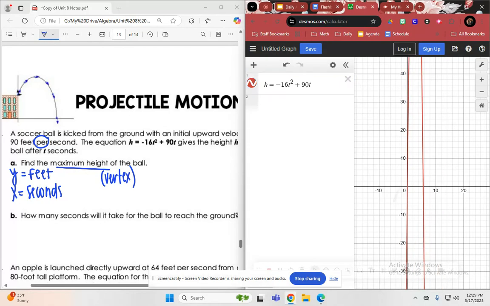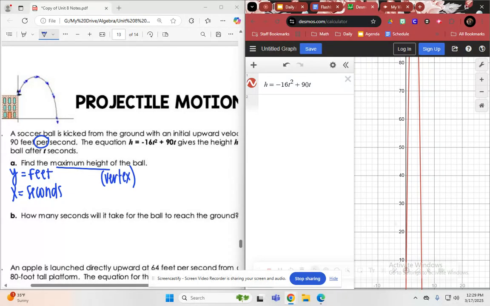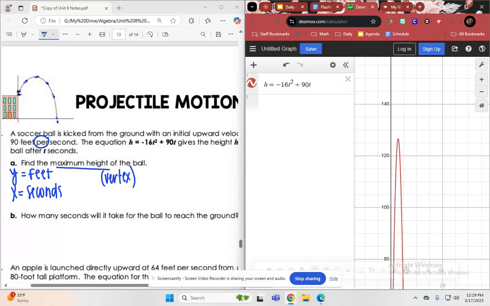So as you can see, it starts down here at 0, like we are kicking that soccer ball up, and we need to find the maximum height of the ball. So we're going to go ahead, drag this up all the way. So we've got 2.8125 comma 126.5625. So we are looking for the feet.